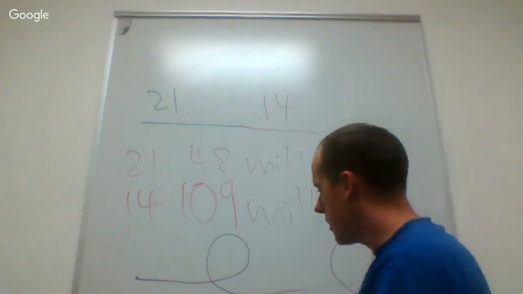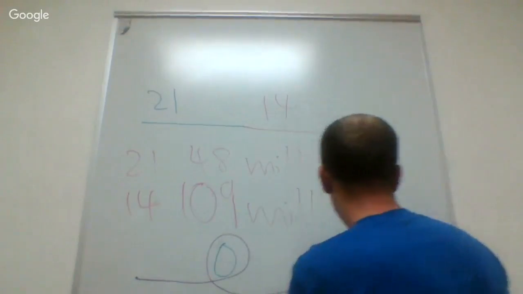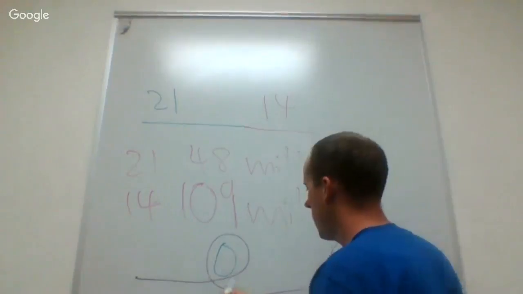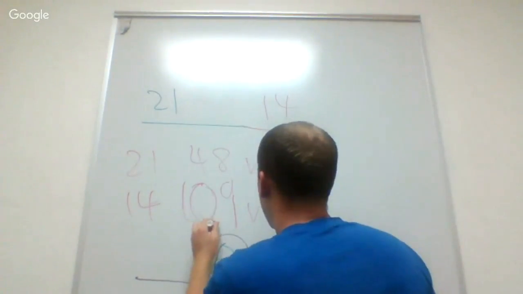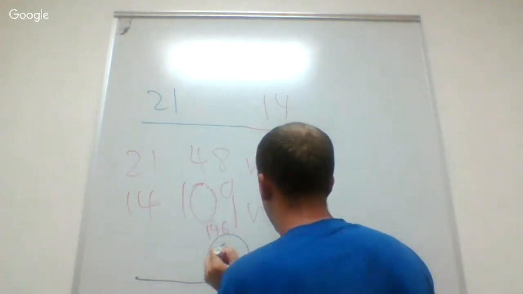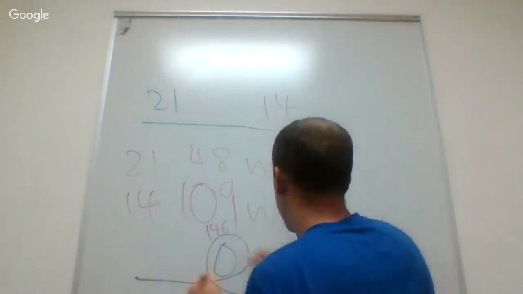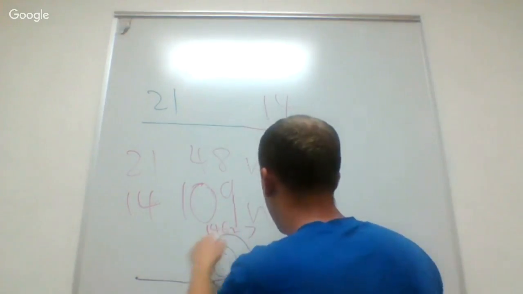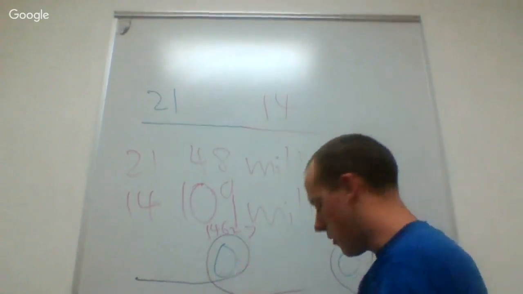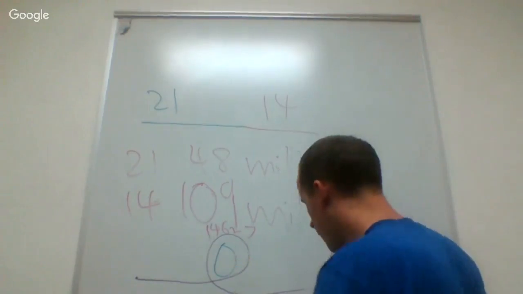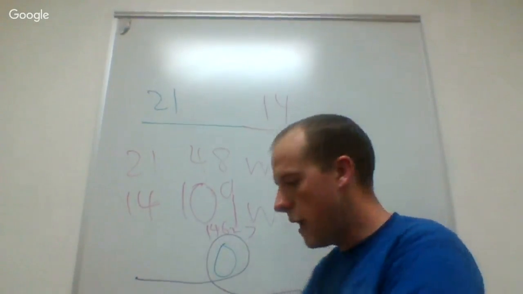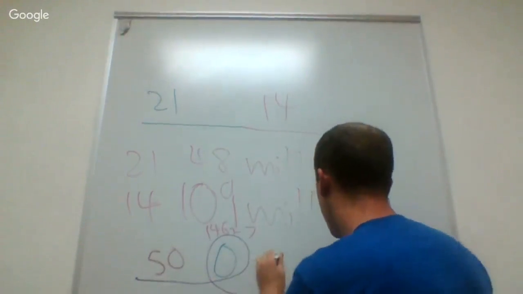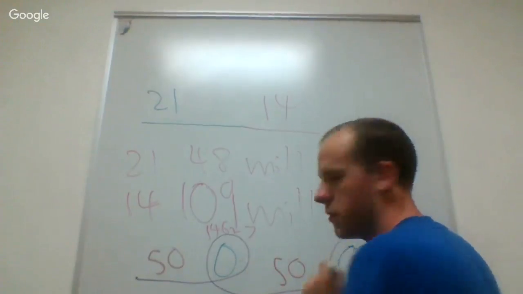Inside the nucleosome, it's 146 or 147 base pairs that wrap around the histones, and then you have 50 base pairs between each nucleosome.